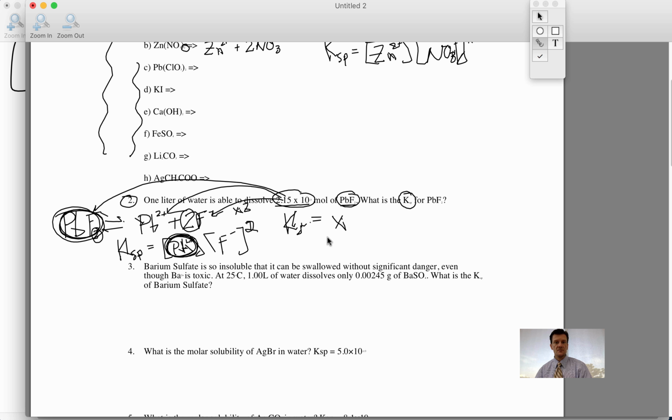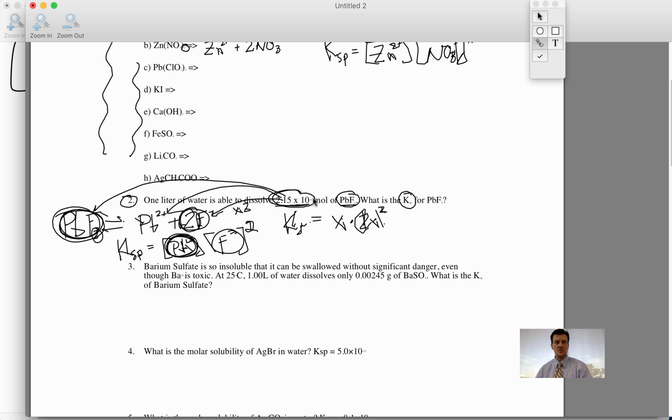Let's put just an X there for right now. This fluoride is going to be twice, and it's squared. That's X times 2X quantity squared right there.